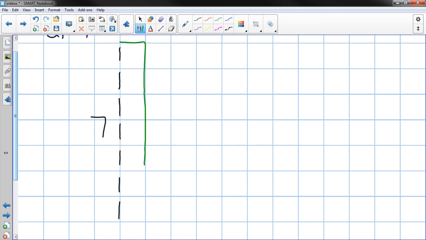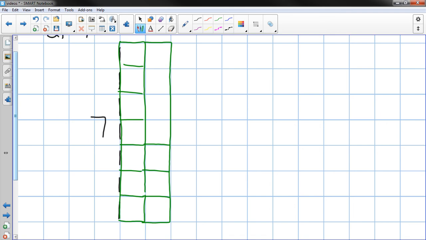Well, I know this is 7 because 7 times 1 is 7. So there's 7 squares right away. Another column of 7.